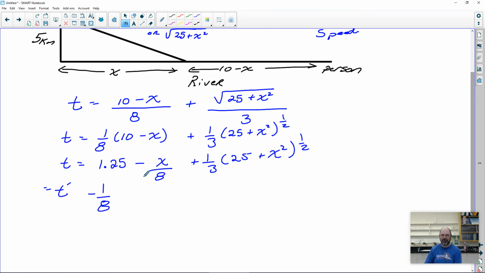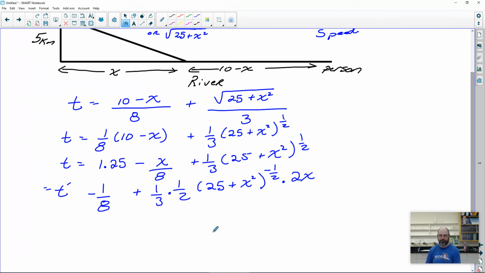Negative 1/8 plus 1/3 times 1/2, all this stuff, to the power of negative 1/2 times the chain rule, the derivative inside there, which is 2x.